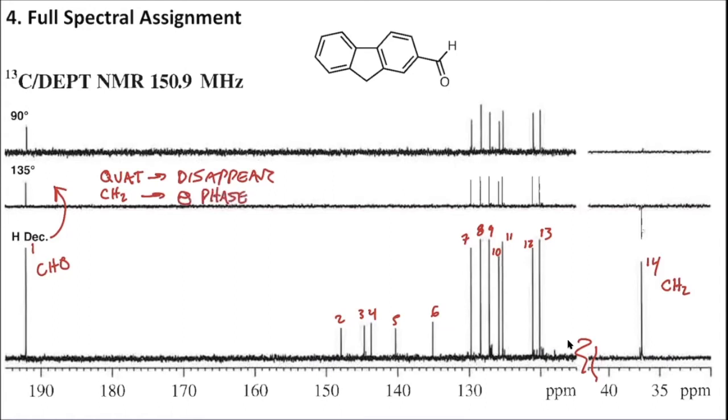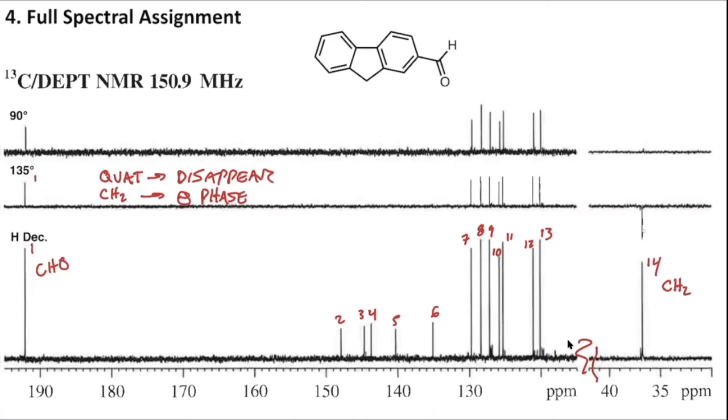So looking around, we see that carbons 1, 7, 8, 9, 10, 11, 12, 13 are still here and still look normal, but we are missing these 6 carbons. They've disappeared.